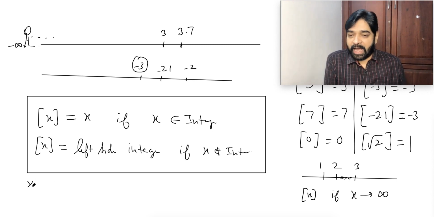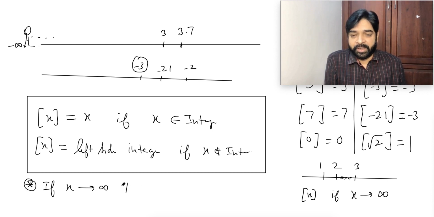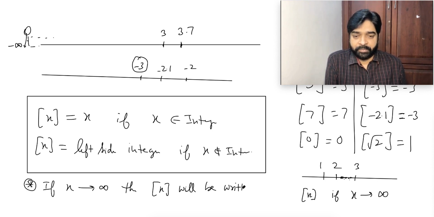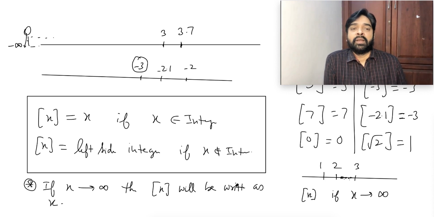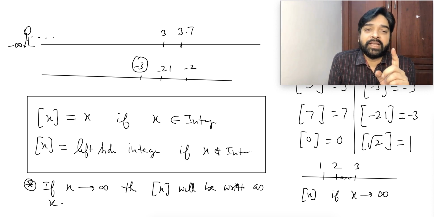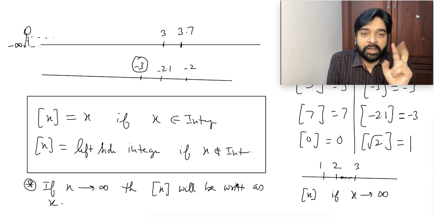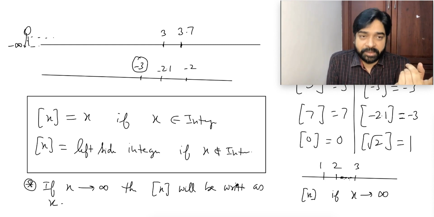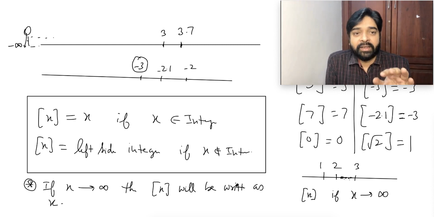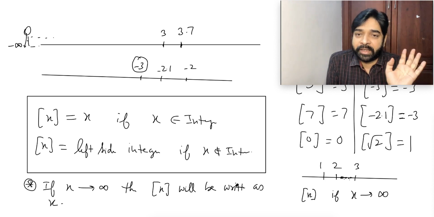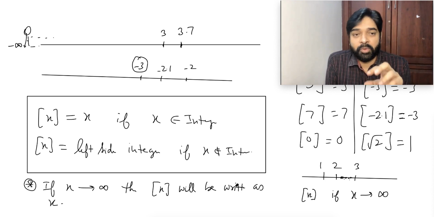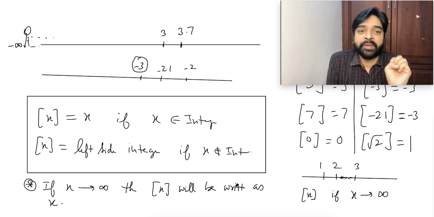If x tends to infinity, then greatest integer x will be written as x. So always remember, greatest integer x can be written as x in two situations: one, maybe x is an integer; another, maybe x is approaching infinity.